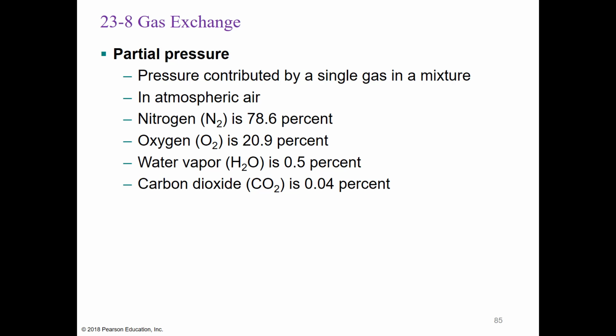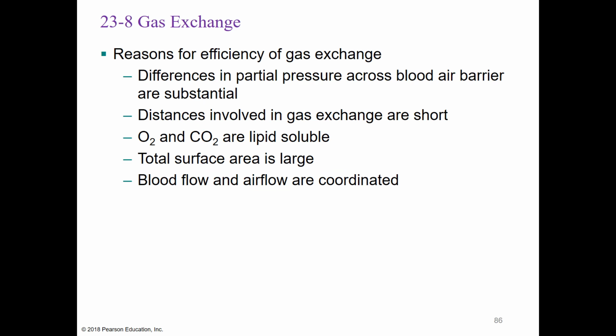So the reasons for efficiency of gas exchange include that differences in partial pressure across the blood-air barrier are very substantial. So down in the alveoli, if we've got a lot of oxygen in the alveoli and very little in the blood, diffusion will take place very easily. Remembering that diffusion is when we go from a high concentration of a substance to a low concentration.